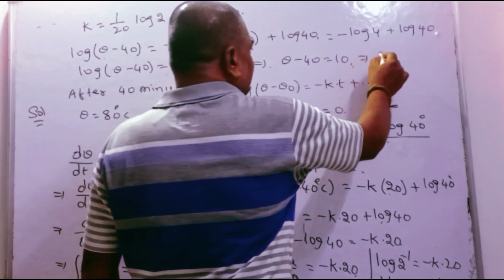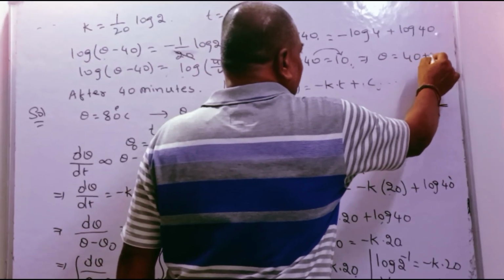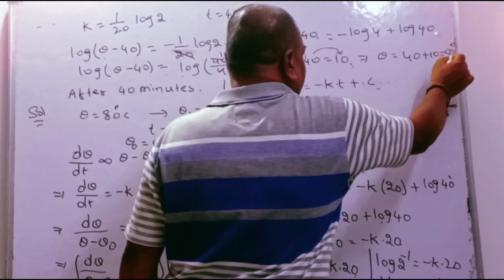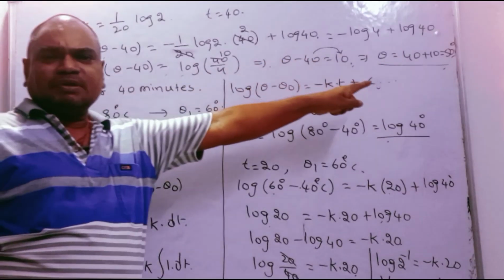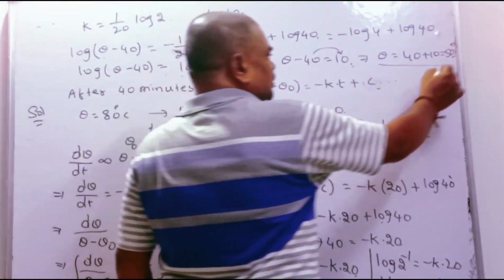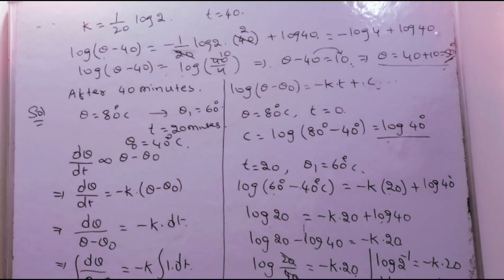Then theta equal to 40 plus 10 equal to 50 degrees centigrade. After 40 minutes, the temperature will become 50 degrees centigrade. That's all. This is the problem.